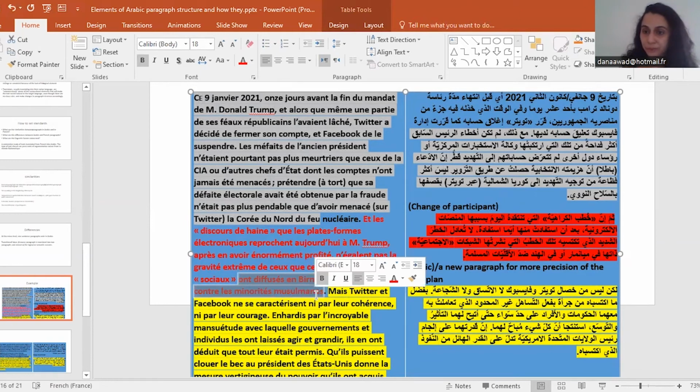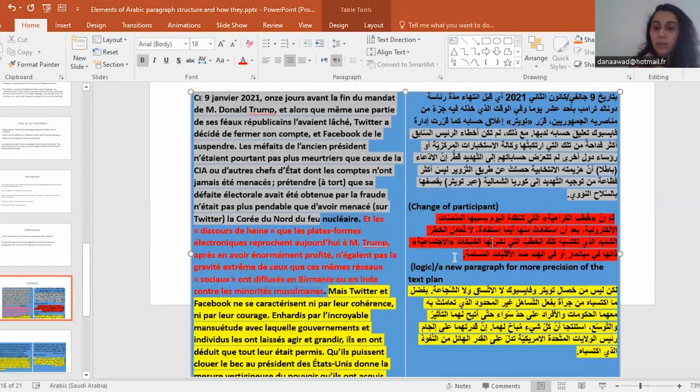So that was a rheme in the French paragraph and a theme, and was transformed because we separated it into a different paragraph into a main theme of the text in Arabic.